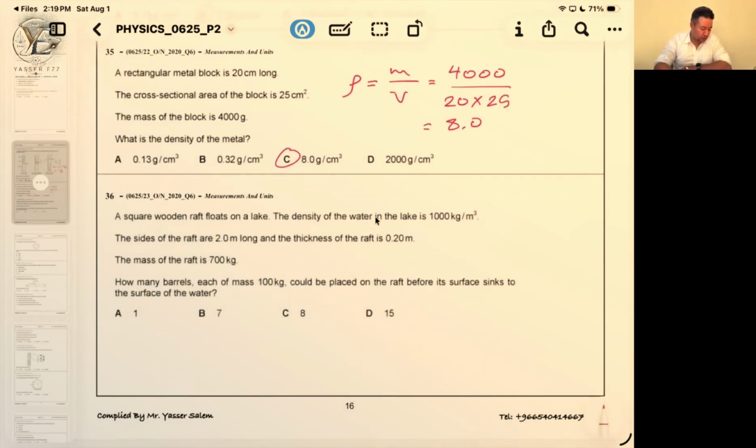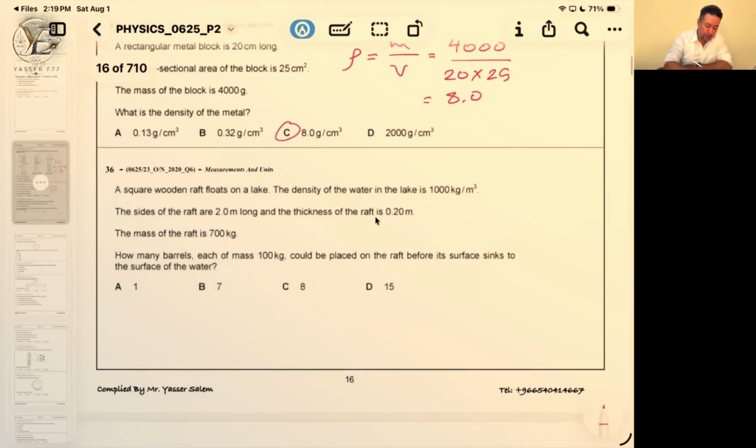A square wooden raft. So we have a square wooden raft, so all the sides are equal. It floats on a lake surface. The density of the water in the lake is 1,000 kilogram per cubic meter. The sides of the raft are 2.0 meters, so all the sides are 2.0 meter long.